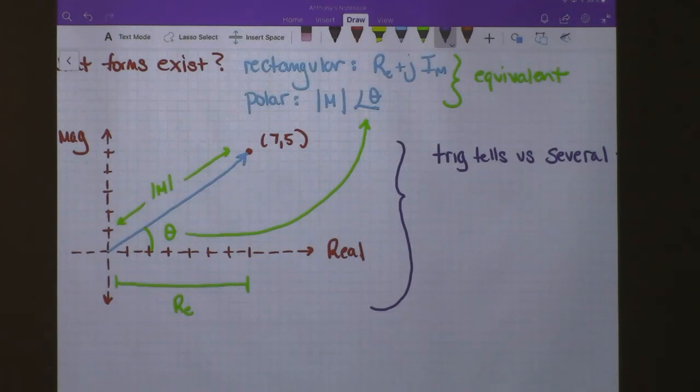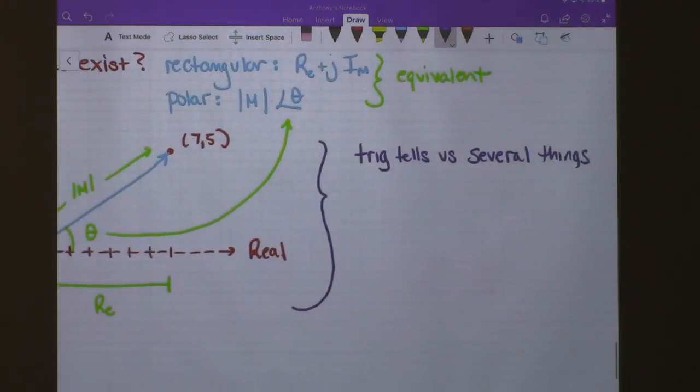Anybody remember what Pythagorean theorem is? Right, so we know what the length of the vector is. We know that the magnitude will be equal to the square root of R sub e squared plus I sub m squared.